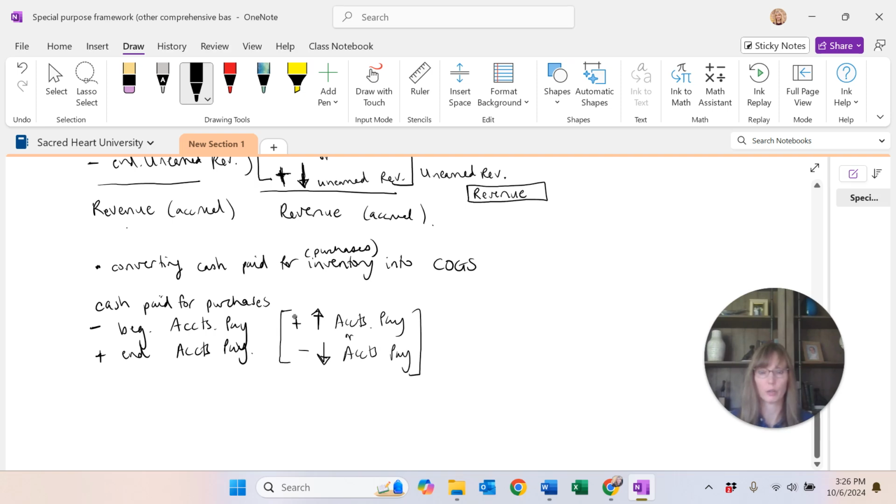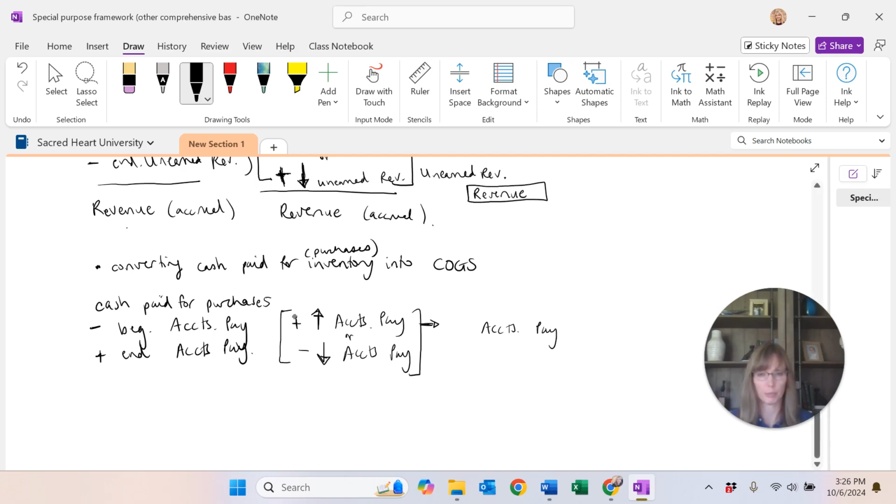Why do we do that? This is going to look a little bit weird, but just trust me for a moment. When accounts payable goes up, we credit accounts payable. And why would accounts payable go up? Well, we must have bought something or incurred an expense.